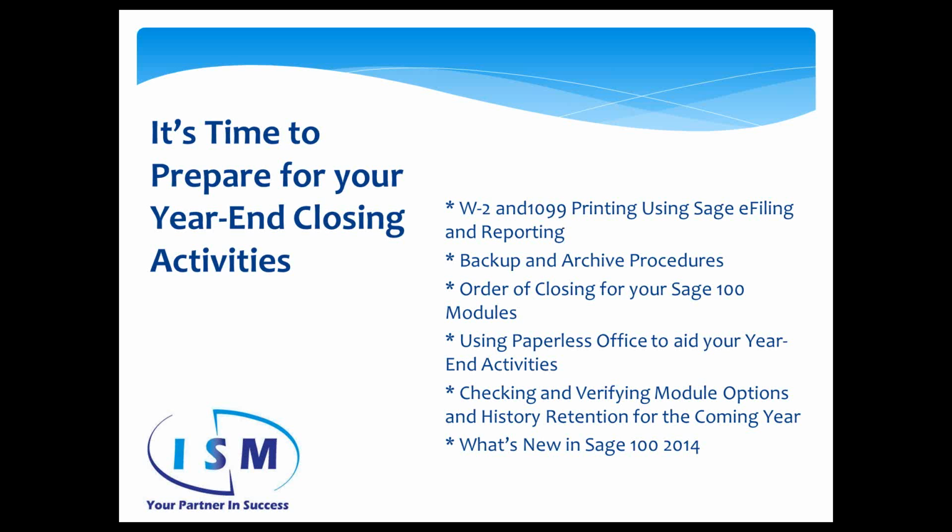The reason why I want to go through this and review it with you is because as of the 2014 version, Sage, as we know for years, if you've done payroll or 1099, Sage has their own way of putting W-2s and 1099s in the system. As of 2014, they are going away from that.